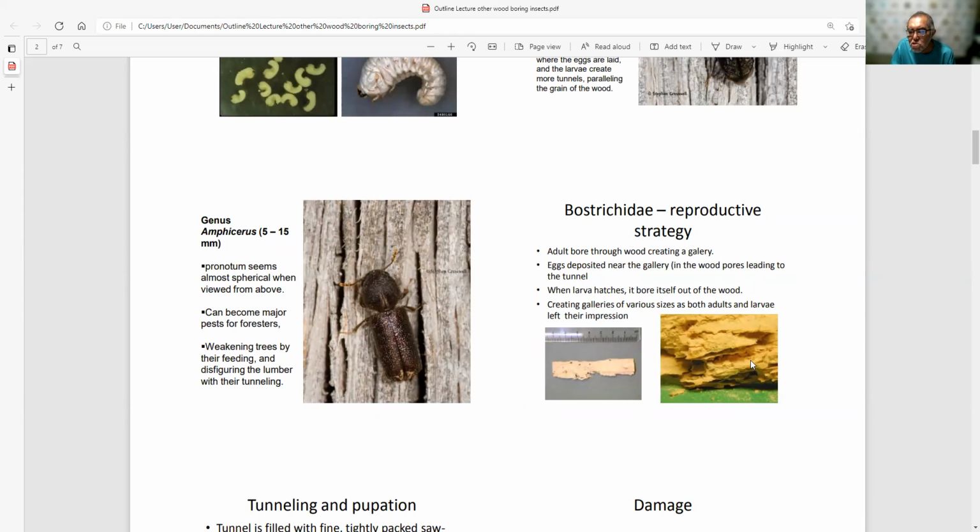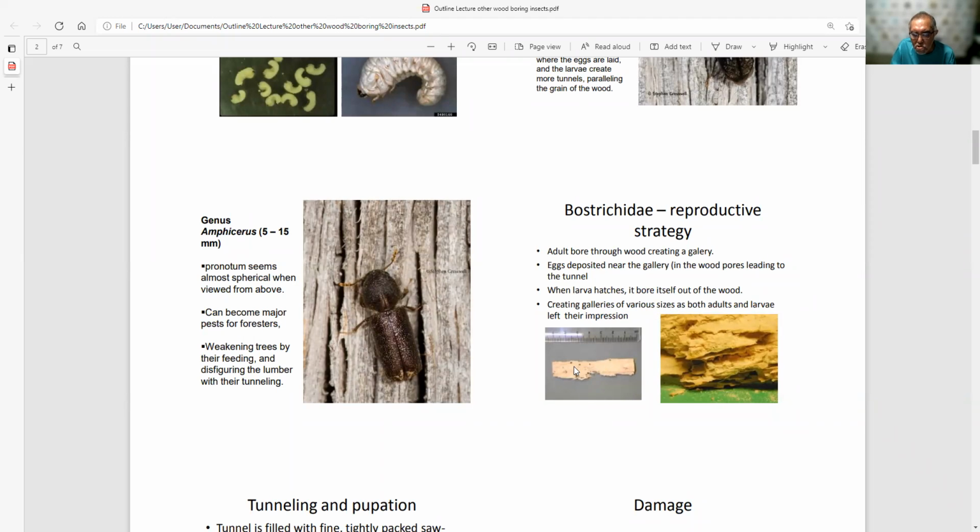So the eggs are deposited along the edge of the gallery. When the larva hatches, it bores itself out of the wood. It will start to tunnel itself out of the wood structure, creating galleries of various sizes as both adults and larvae leave their impression.